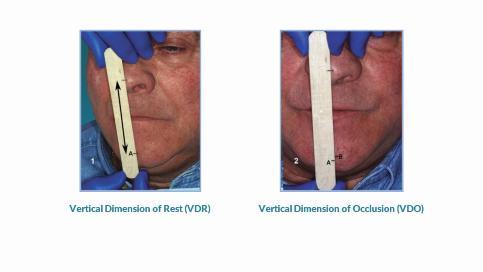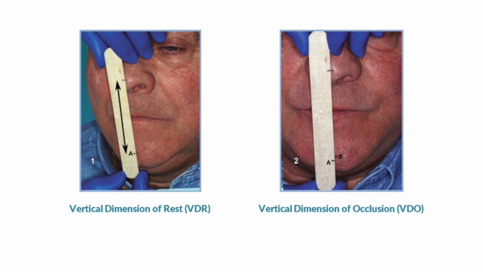About how much does that move? On average, our average patient will move 2 to 3 millimeters. So that interocclusal distance, the difference between vertical dimension of rest and vertical dimension of occlusion, is about 2 to 3 millimeters. This concept will come into play also when you start your complete denture course.